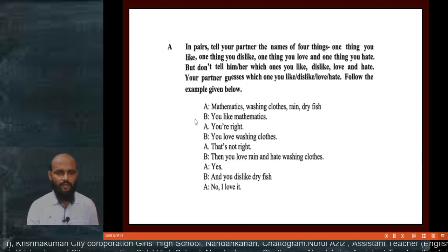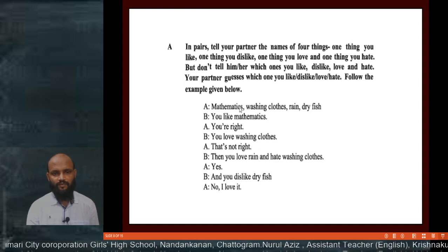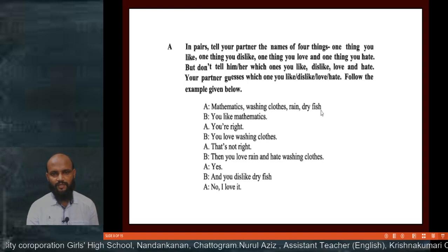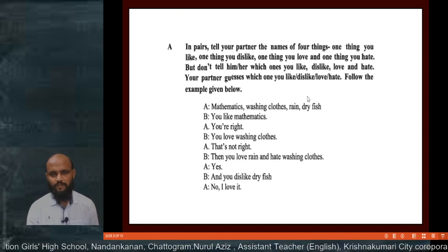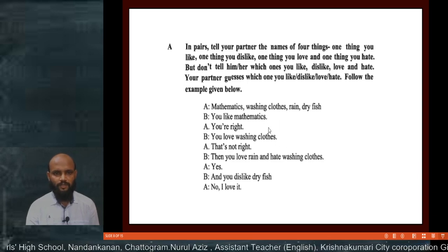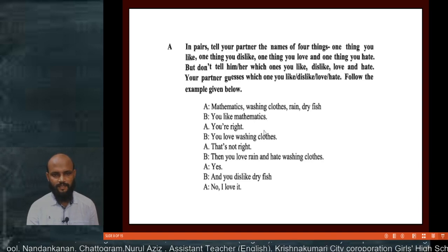Suppose A is your friend and you are B. Your friend says different things: mathematics, washing clothes, rain, dry fish, and you start guessing his likes and dislikes.